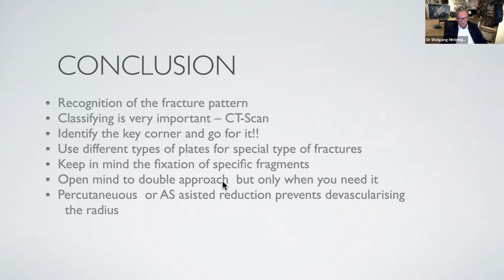Open mind to double approach, but only when you need it. Percutaneous or arthroscopically assisted reduction prevents, as I said, devascularizing the radius, and you should maybe prefer it before you open it up from both sides.